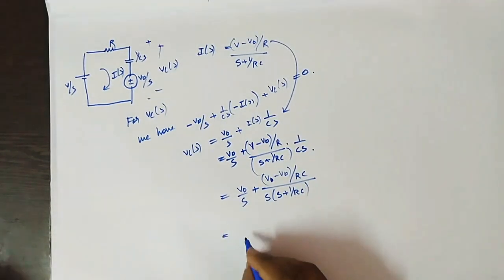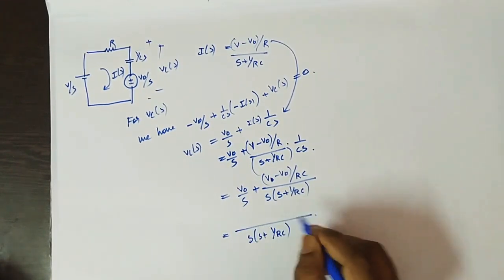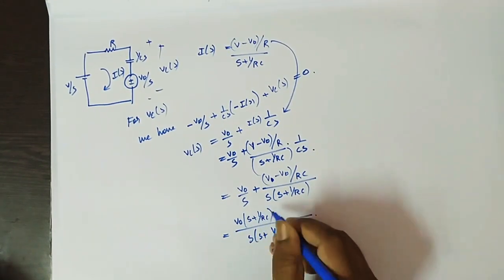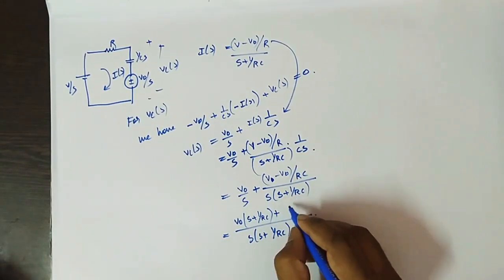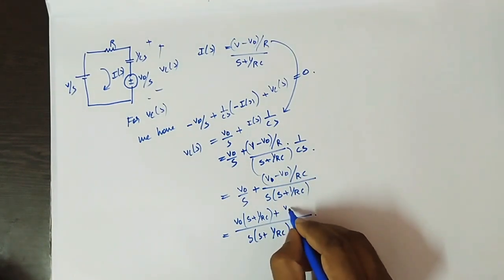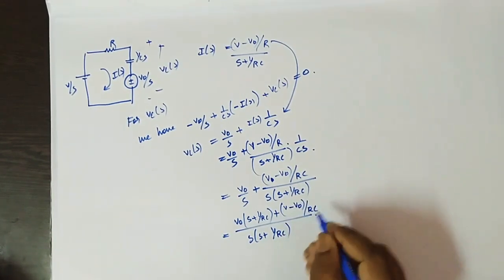So you take LCM, and you will get V naught into S plus 1 by RC plus V minus V naught by RC.